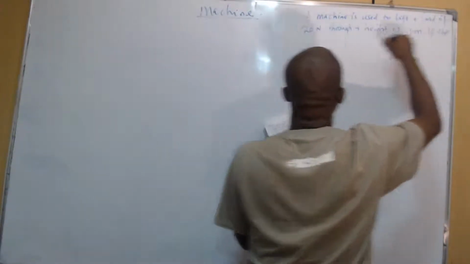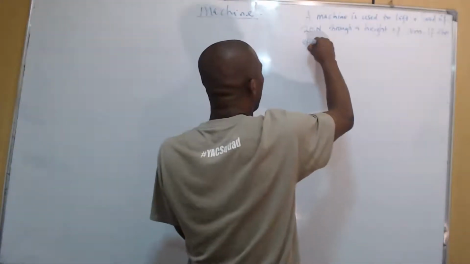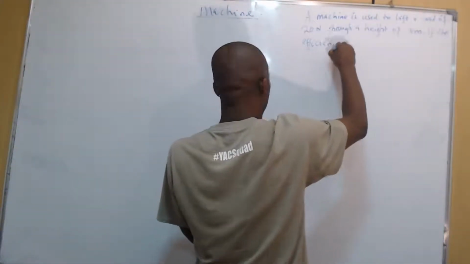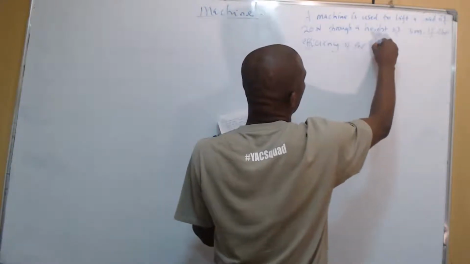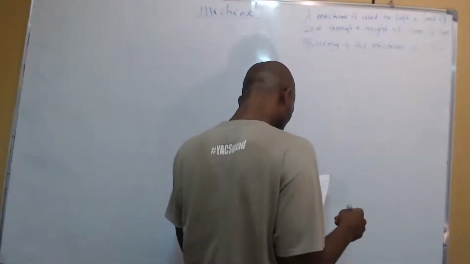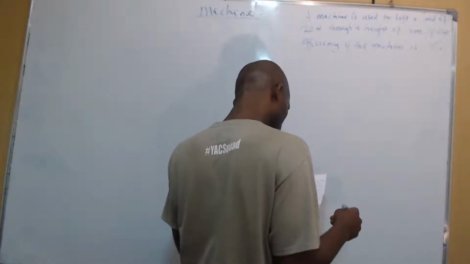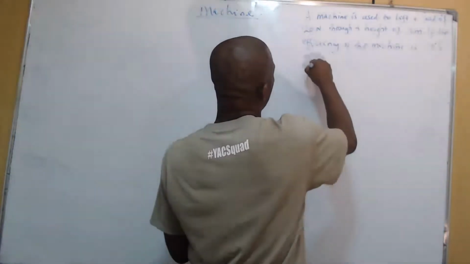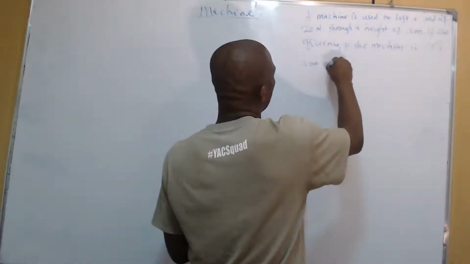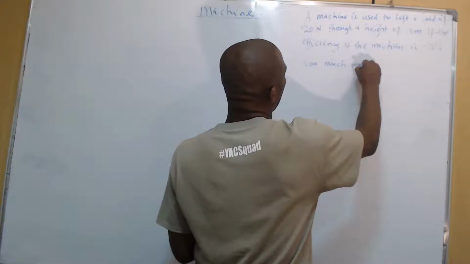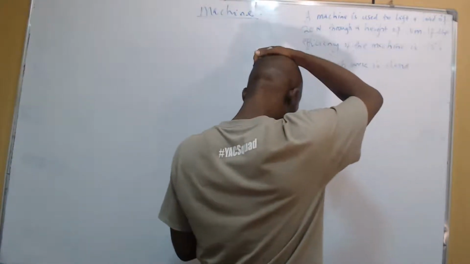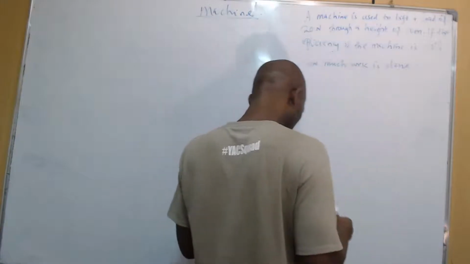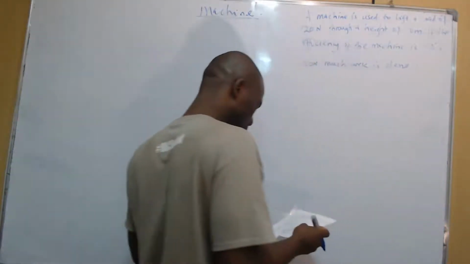If the efficiency of the machine is 40%, how much work is done? How much work is done?